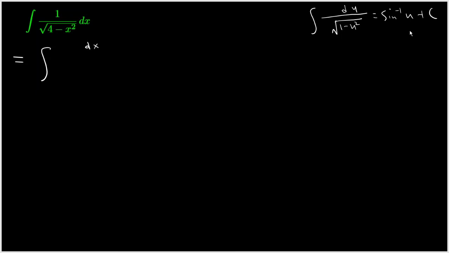I'm going to write dx on the numerator. Now on the denominator, I want this for location 1. I want to change this for location to 1.